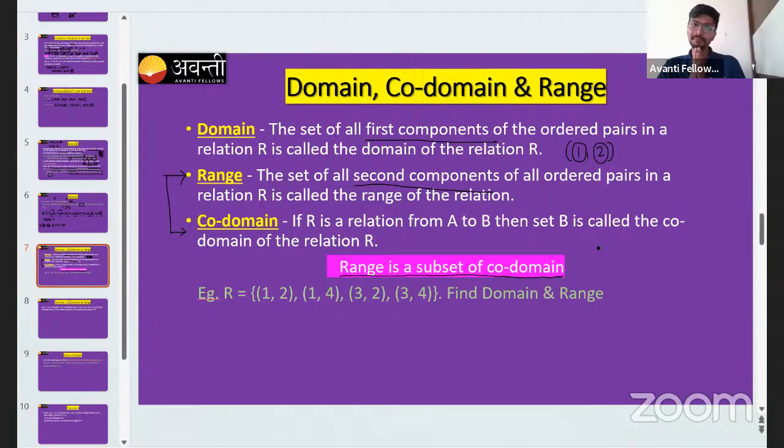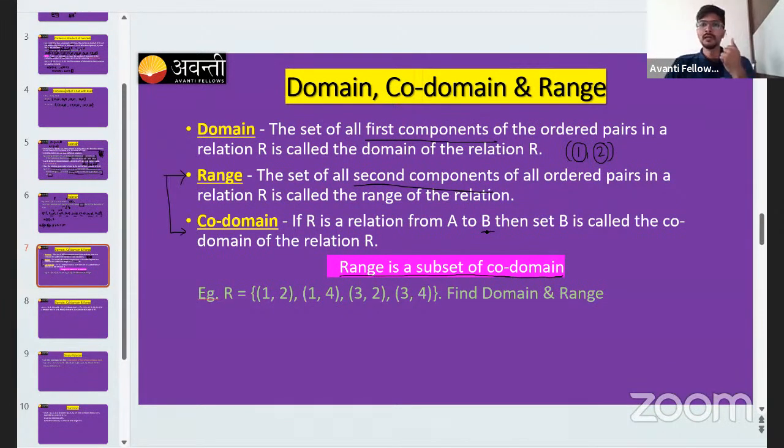I will pick the second elements from the second set, that is, here the second elements will be picked from set B. So it is possible that not all the elements of set B will be in my relation.